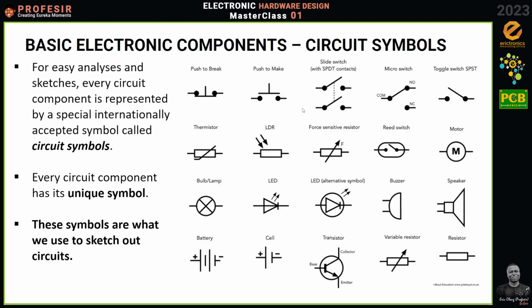We have a single pole, double throw. So these are all switches. Then we have something called a thermistor, which is a temperature controlled resistor. We have an LDR, light dependent resistor, force sensitive. So all these things here are symbols representing some circuit element or circuit component.